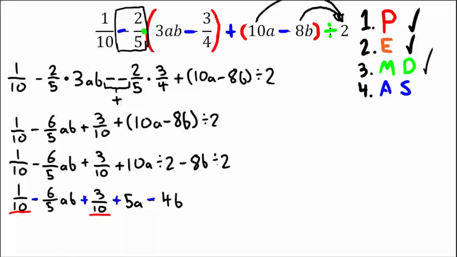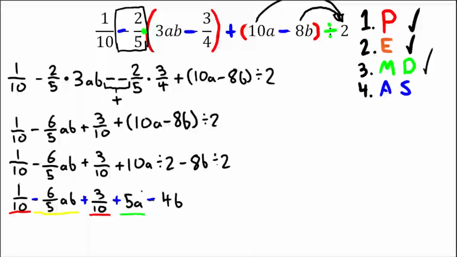And then we have minus 6/5 ab. It's the only variable. It doesn't mix with any of the terms there, because ab doesn't go with a, doesn't go with b. So we're just going to let that be. Then we have 5a there.